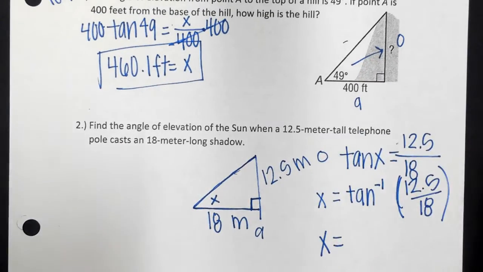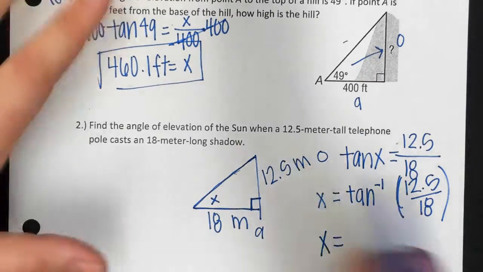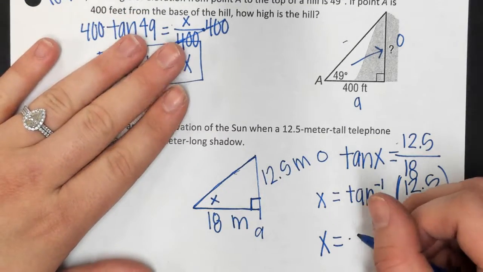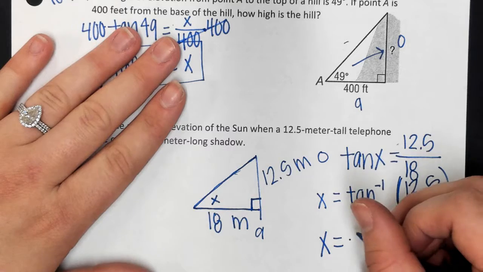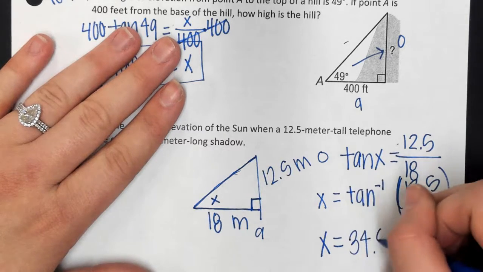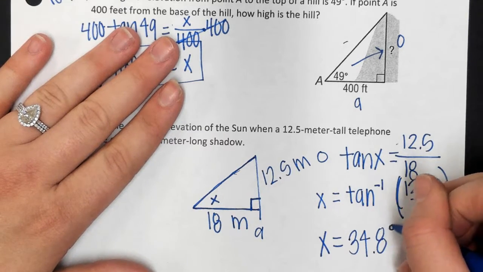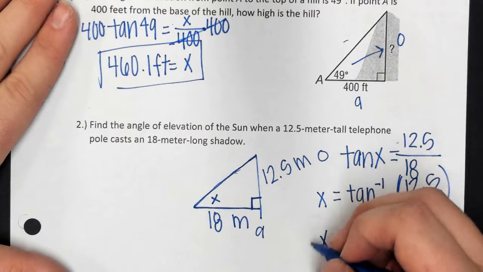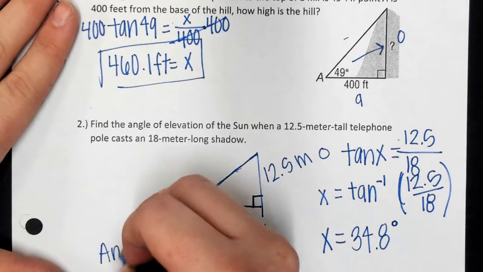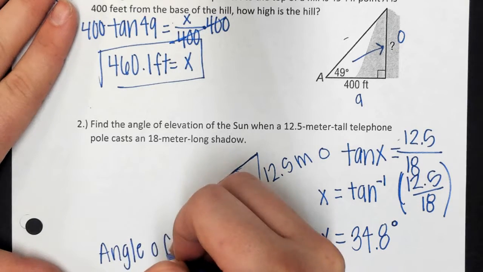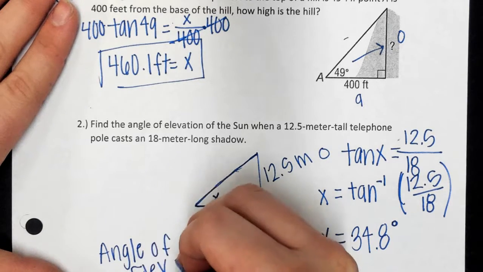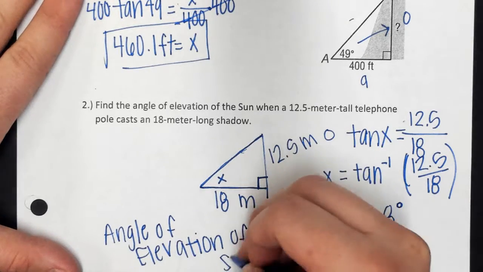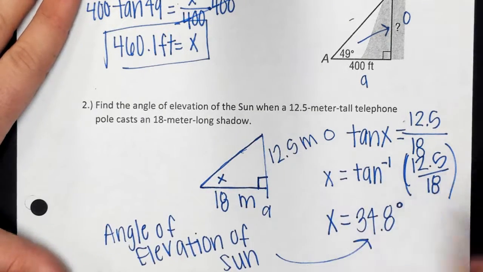So x is equal to 34.8. What am I talking about? Degrees. So the angle of elevation of the sun is 34.8.